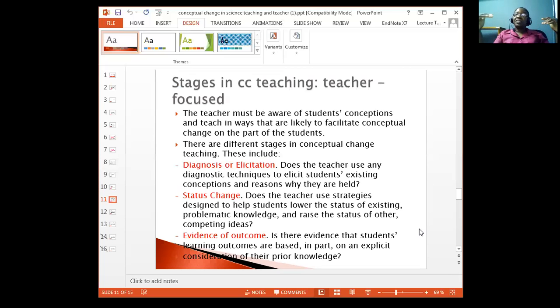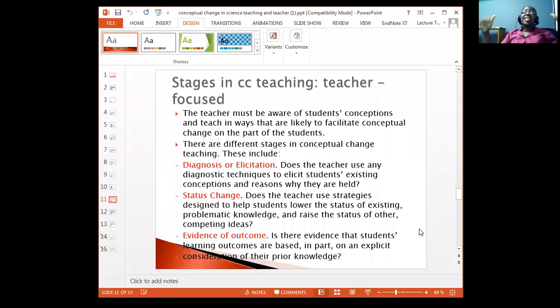So what we as teachers, as facilitators, need to do is raise the level of intelligibility, plausibility, and usefulness of the scientific conceptions we wish to convey, making them appear to be of high status compared to the competing ideas. And we keep lowering the status of those until students can see that, hey, the ones that I had before really are not very sound, and I should probably just do away with them entirely.